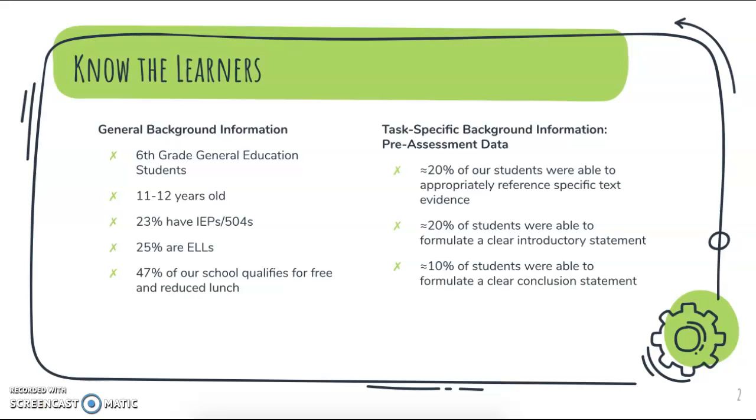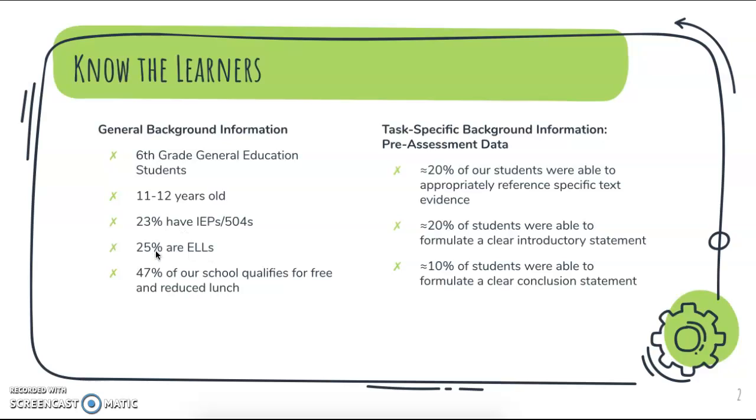So just a little bit of background about my learners. I teach 4 sections of ELA in a hybrid model this year, and our students are all general education students. There are 23% with IEPs or 504s, and 25% are ELLs.